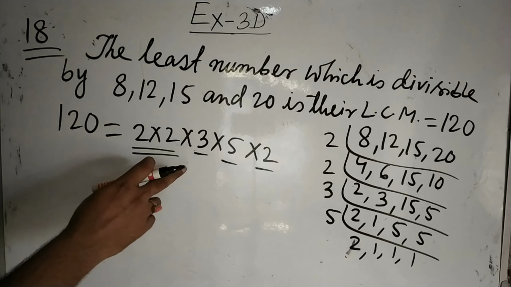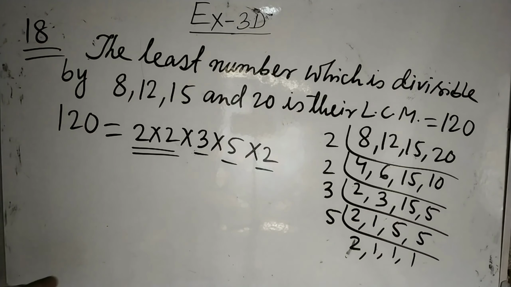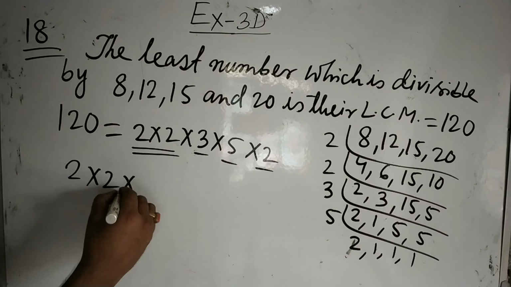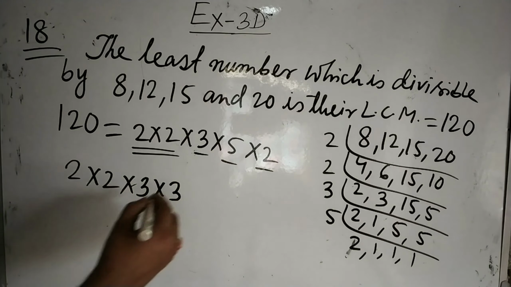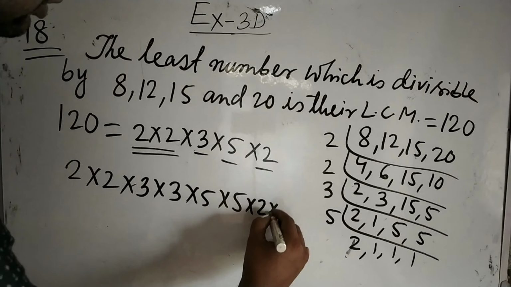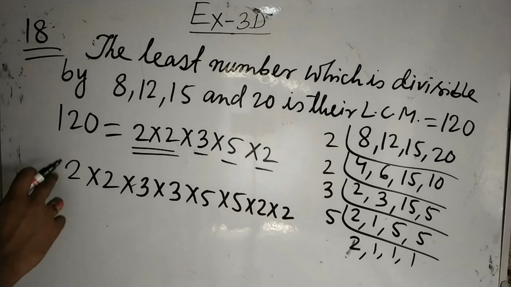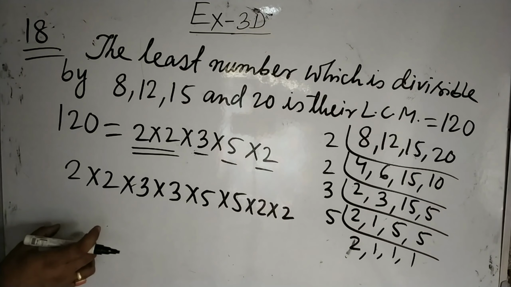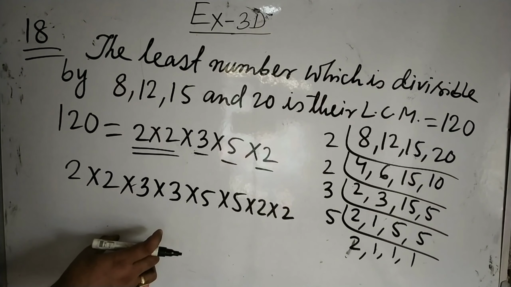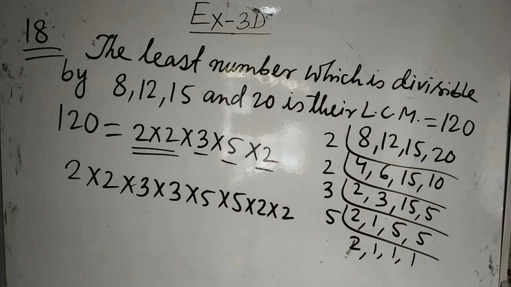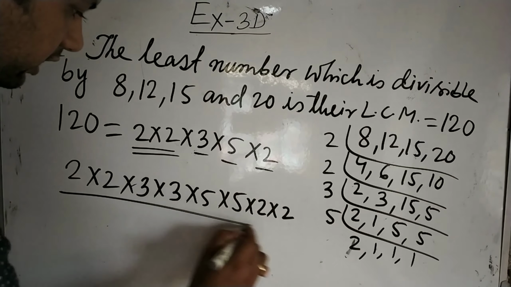So if we multiply this 120 by another 3, another 5 and another 2, then there will be 2 2s for these two. 1 3 is there, another 3. 1 5 is there, so another 5. 1 2 is there, so another 2. Look, now we can easily find out the square root of this number. For these 2 2s, 1 will be outside the square root sign. For these 2 3s, 1 will be outside. For these 2 5s, 1 will be outside. And for these 2 2s, 1 will be outside. So this is your required number.